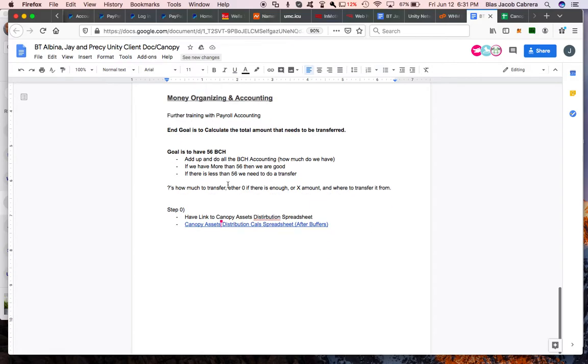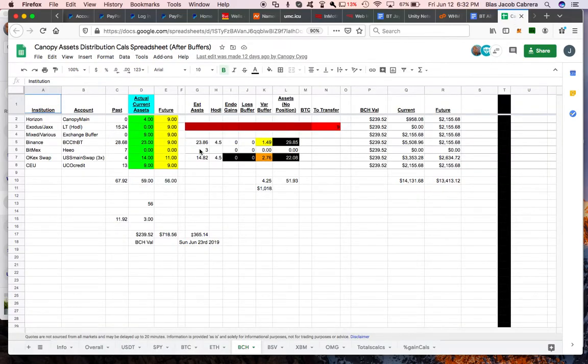All right, so step 0 is obviously to have access and know where it is. So let's start going through the other steps. In this case, you can see column B is the account. It's similar to the accounts with our payroll. You need to know what the accounts are, and then you need to ask how much is in the accounts.